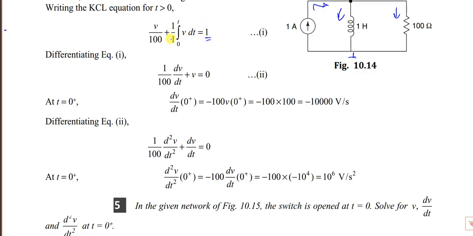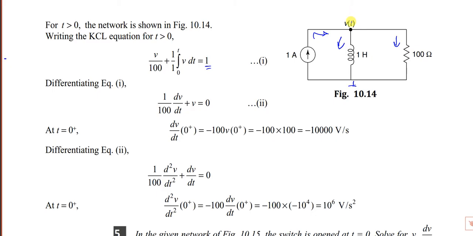1 by L integral of V of t dt, and the current in this one is V of t, this is zero, potential difference. Okay, I'll write one more equation here.